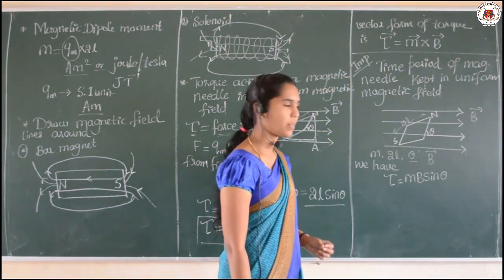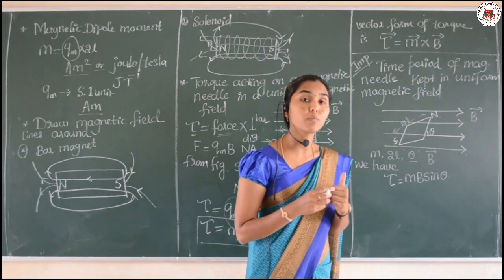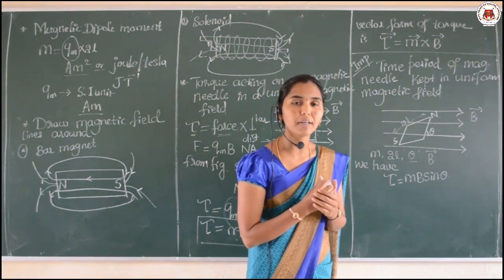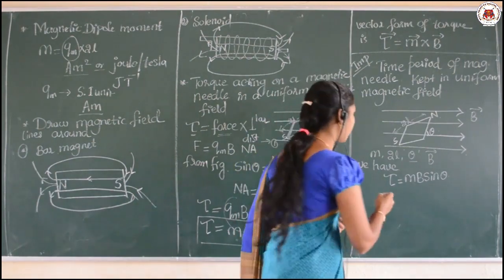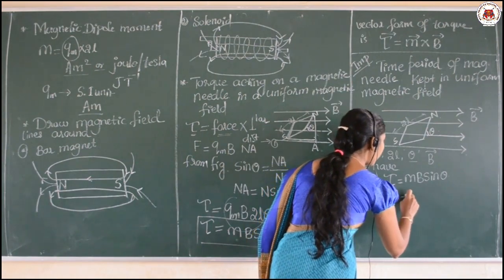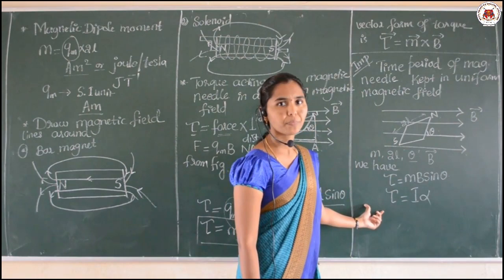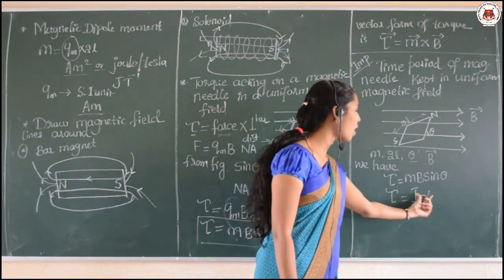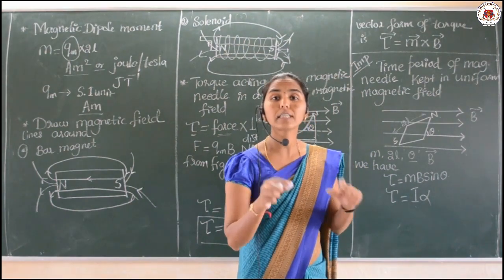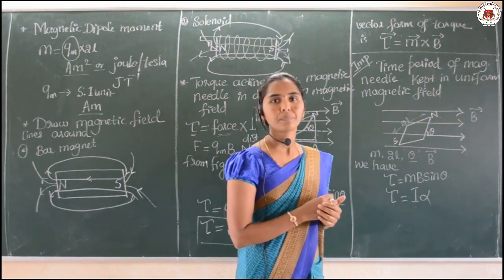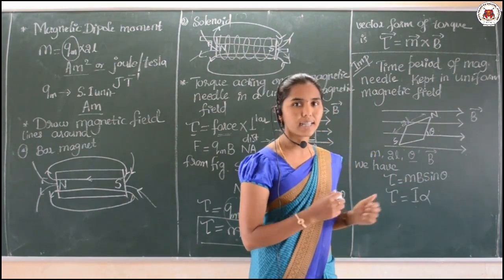Am I clear? Then in the rotational motion chapter of first PU, we learnt about torque. There we used one more formula, that is torque is equal to I into alpha. Can you remember this, children? Then what is the I here? Moment of inertia of the magnetic needle. And alpha is the angular acceleration.